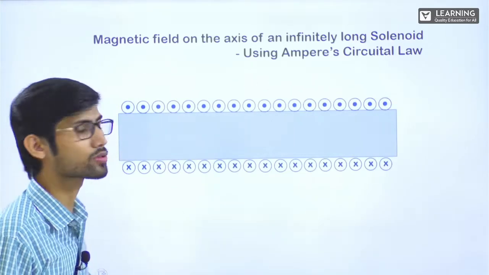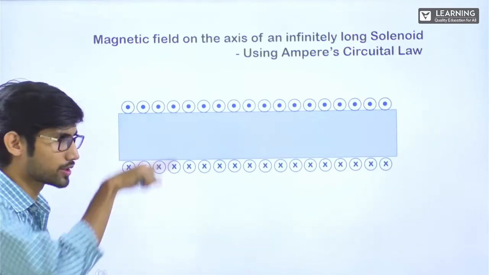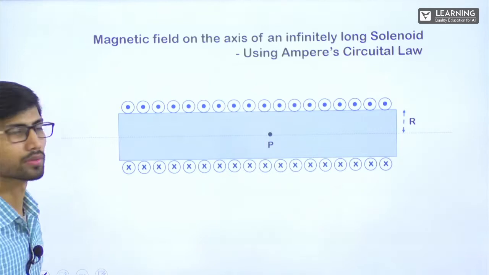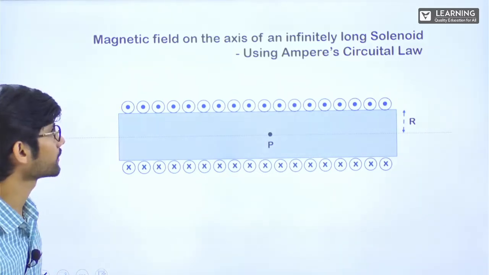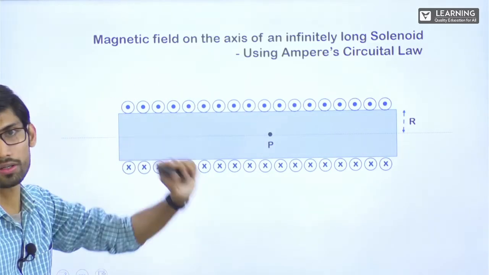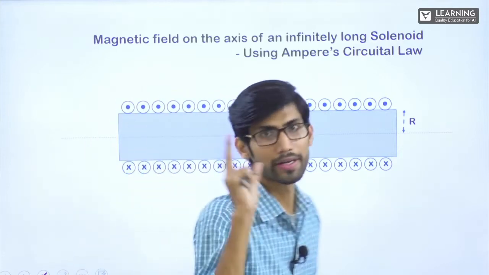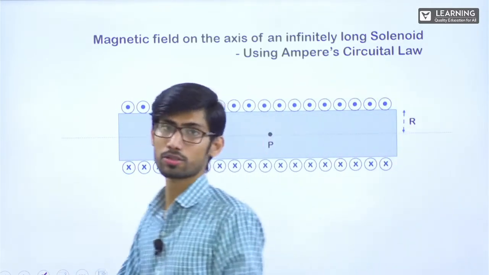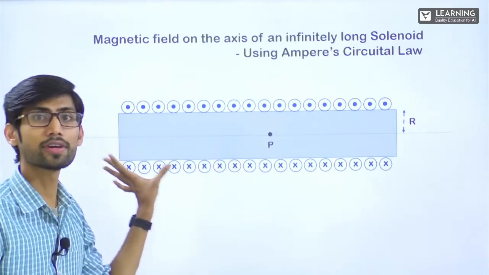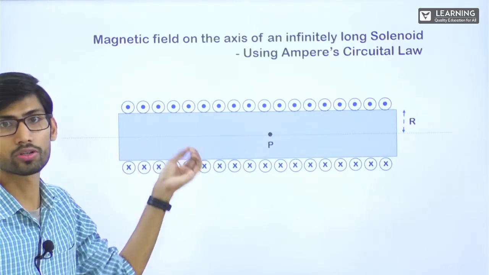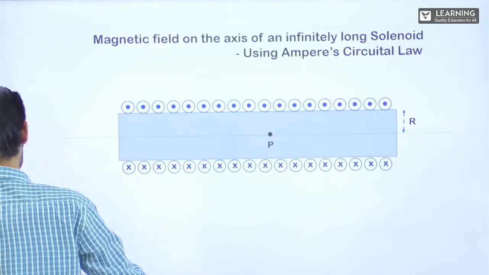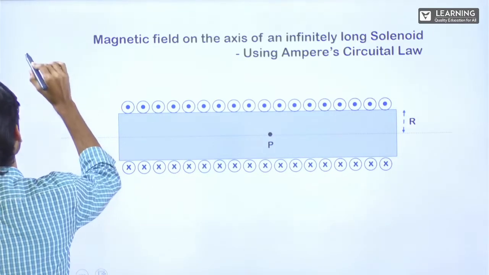Let's say this is a solenoid. The current is flowing like this in this solenoid. Radius R, point P here. Before calculating from Ampere's Circuital Law, keep in mind one thing. This is an infinitely long solenoid. That means all those things which we have assumed for an infinitely long solenoid, we have to assume here. What all things? First, assumptions.